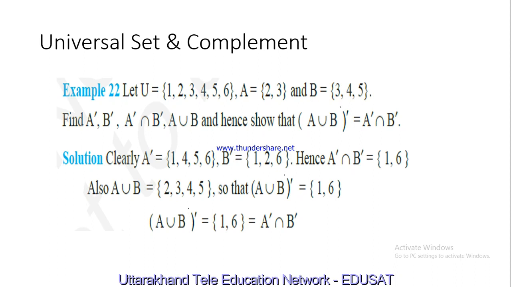Again B has got 3 elements 3, 4, 5. The remaining elements which are not there in B but they are part of U are 1, 2 and 6, and that is why B complement here has been shown as 1, 2 and 6.